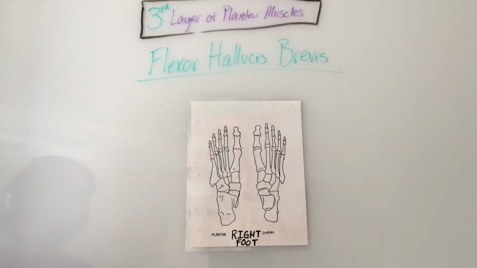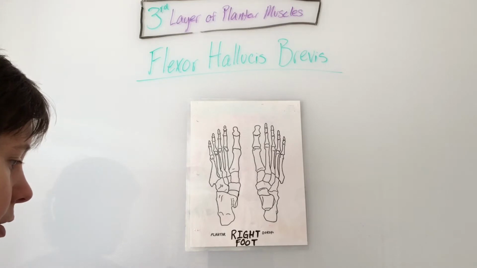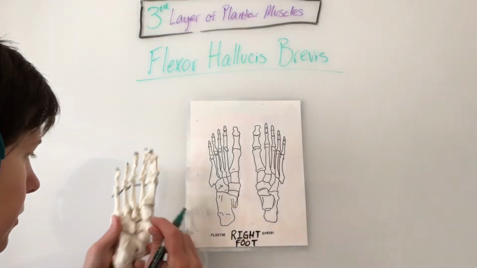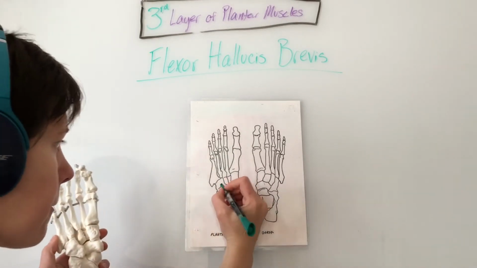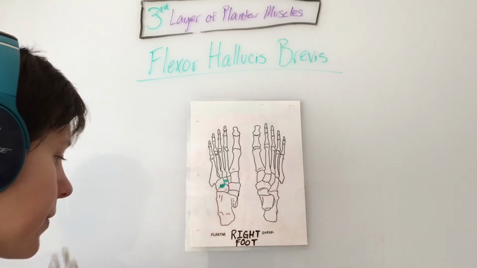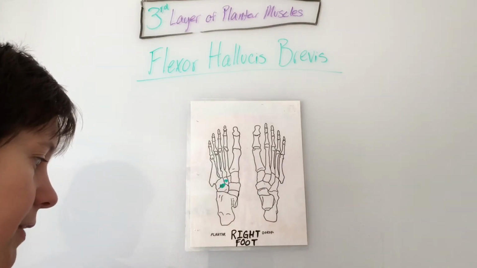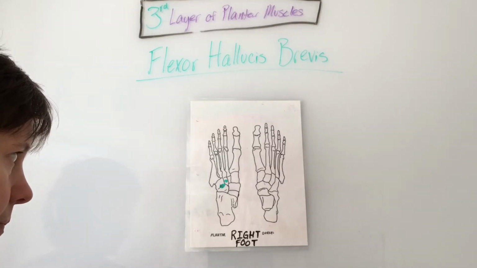The flexor hallucis brevis has two heads. The lateral head originates on the cuboid and the lateral cuneiform. Cuboid, lateral cuneiform. The medial head originates from the tendon of the tibialis posterior and the medial intermuscular septum.